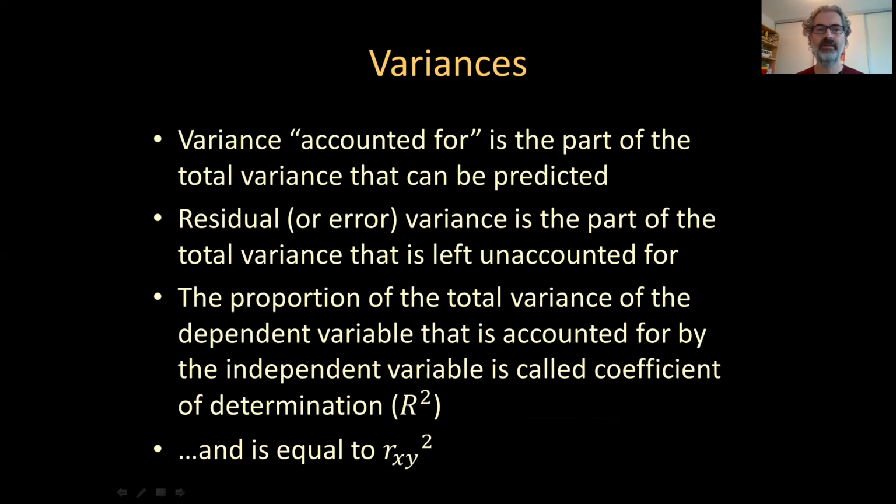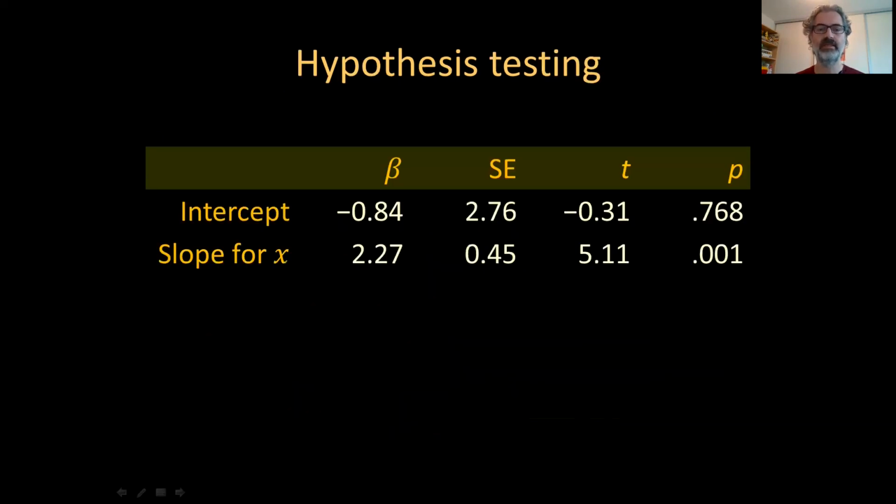If we run this regression analysis in a statistical program, we will get an output like this. And in this output, we have an estimate for each statistic. So the intercept and the slope for our independent variable.